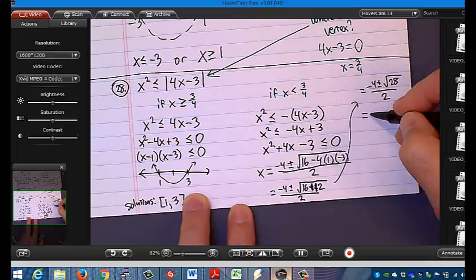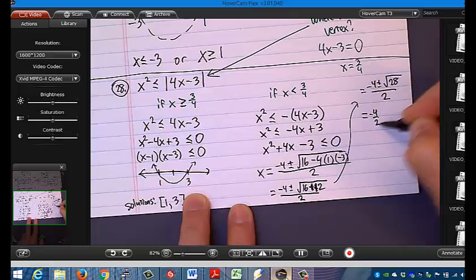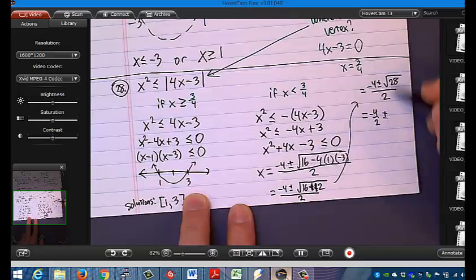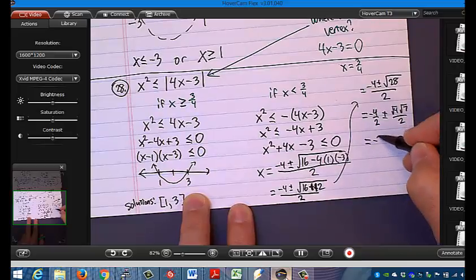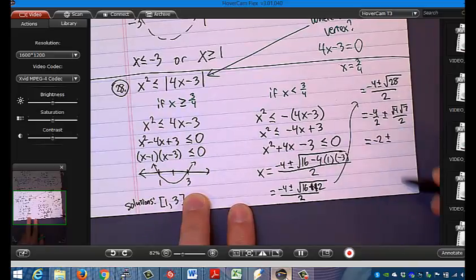I'm going to split it up into negative 4 over 2 plus or minus the square root of 28, which is the square root of 4 times the square root of 7, over 2. Wow. Negative 2 plus or minus. Now the square root of 4 and the 2 are going to cancel, so I get the square root of 7.